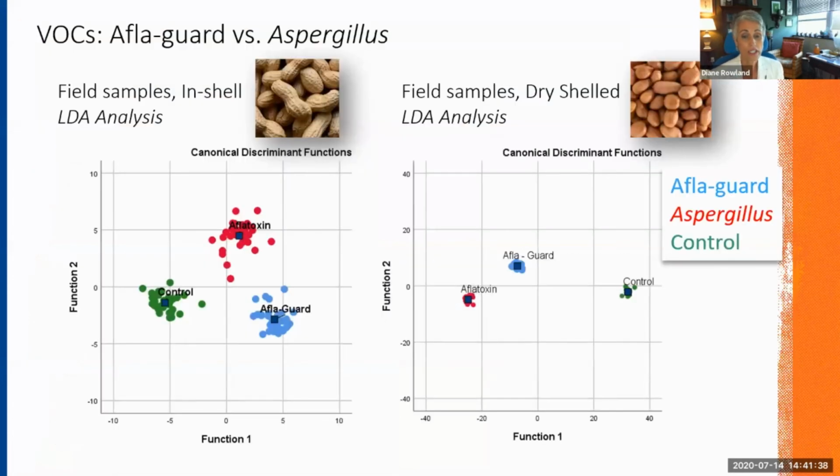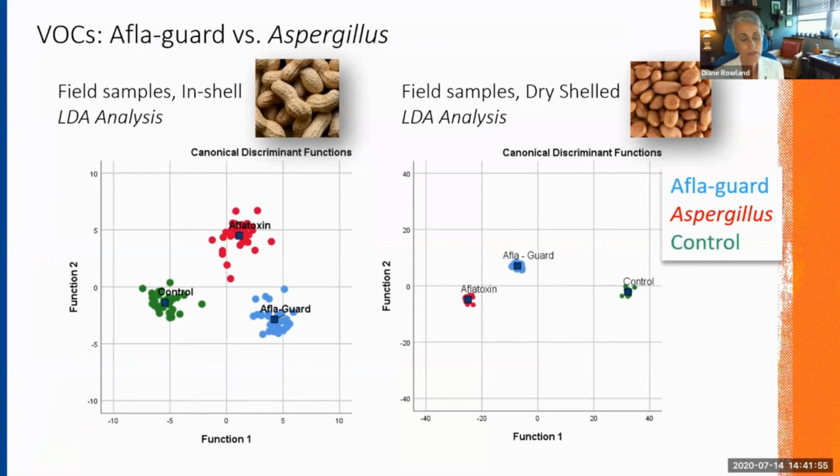So VOCs, like the field VOCs coming off of the leaves, for in-shell samples coming out of those pegging pans, and for shelled samples, the VOCs so far showing discrimination amongst our 3 treatments.